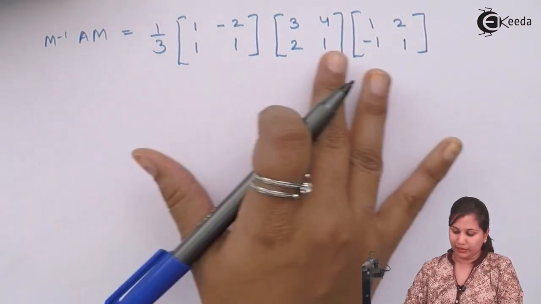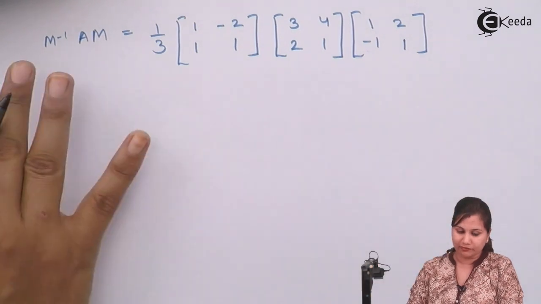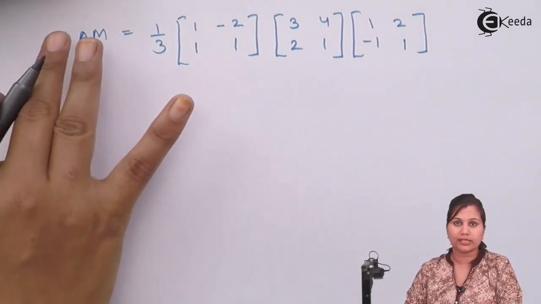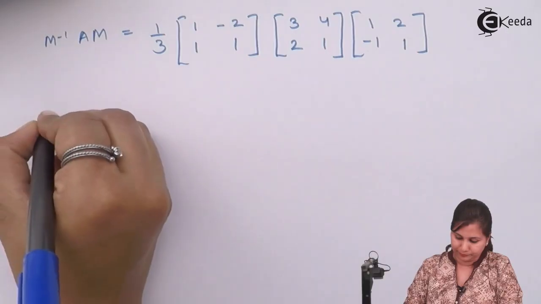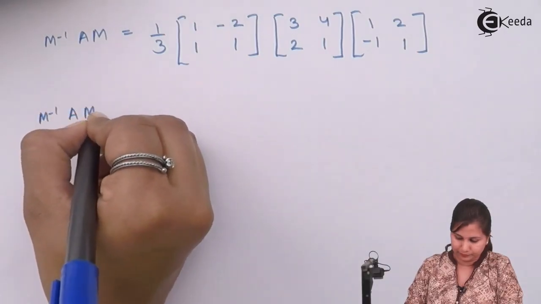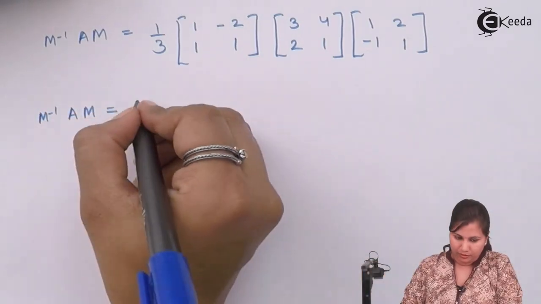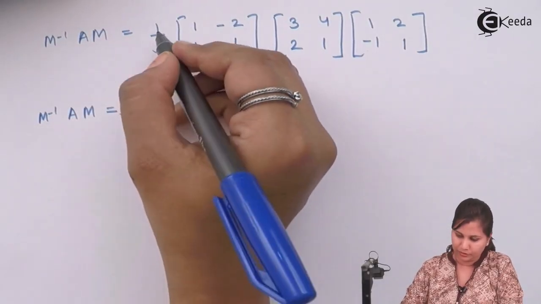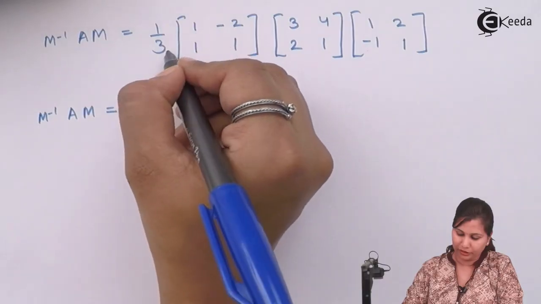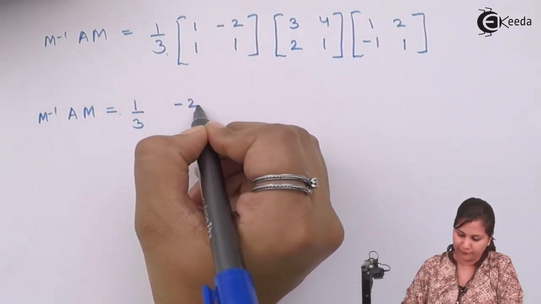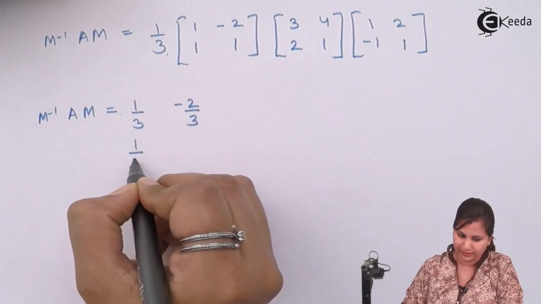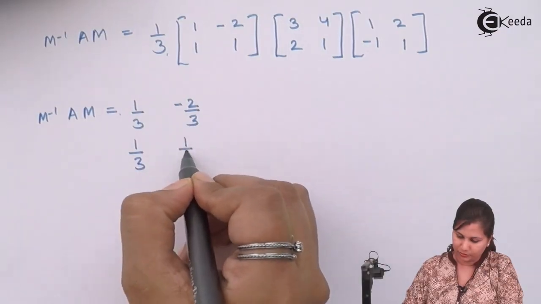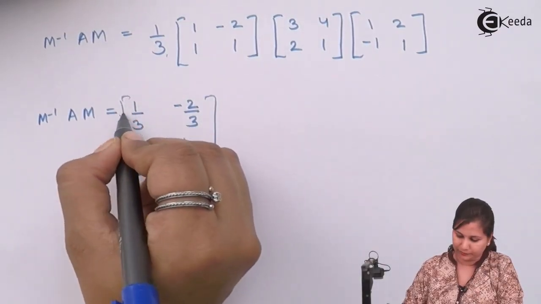So we are going to multiply all these matrices and then we are going to calculate M inverse A M. Just divide this 1 by 3, multiply this inside. So we have minus 2 by 3. This is 1 by 3 and this is also 1 by 3.